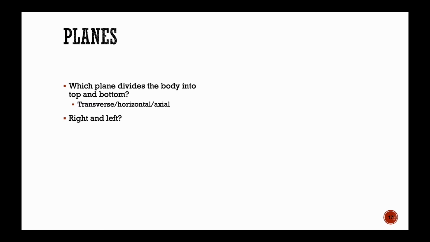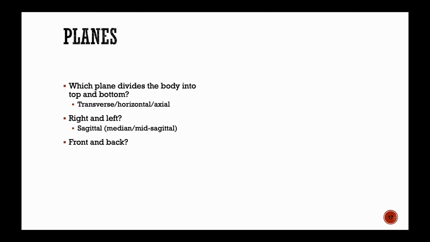So which plane divides our body from right to left? So this should be our sagittal, or also known as our median or mid-sagittal. Most often it's called sagittal though, as well as the transverse is most often called transverse plane.